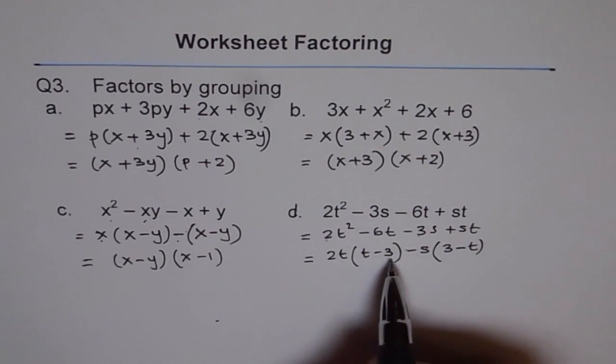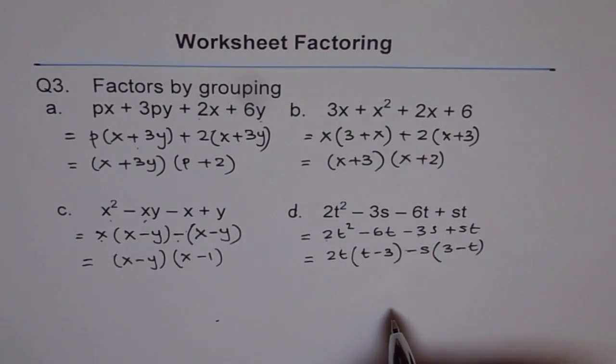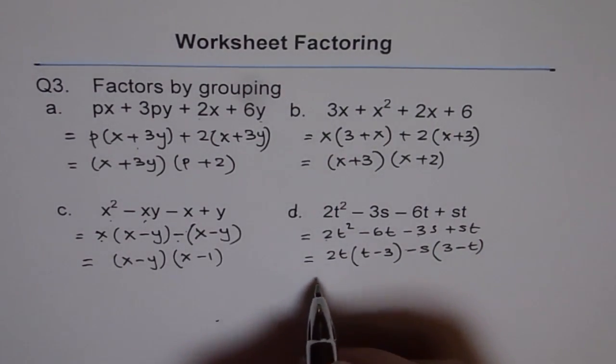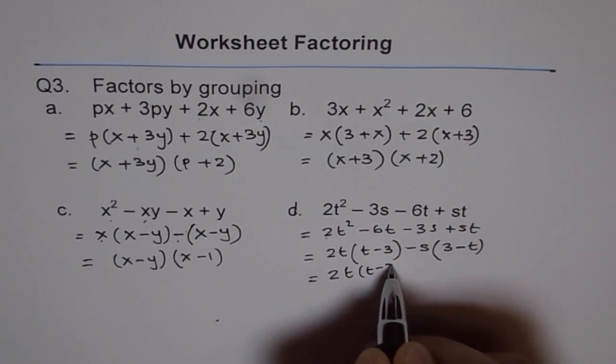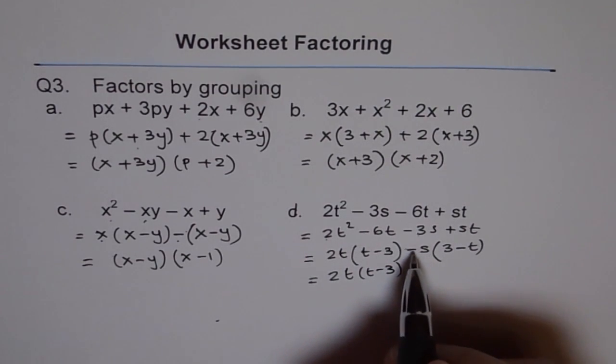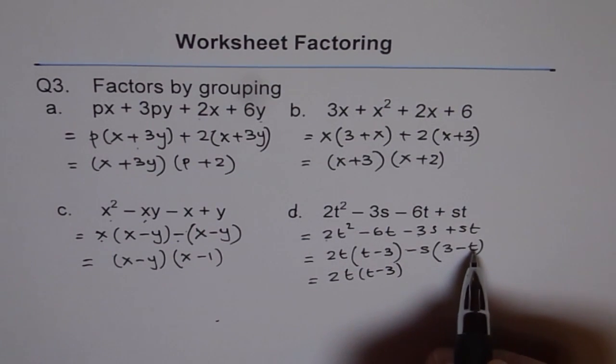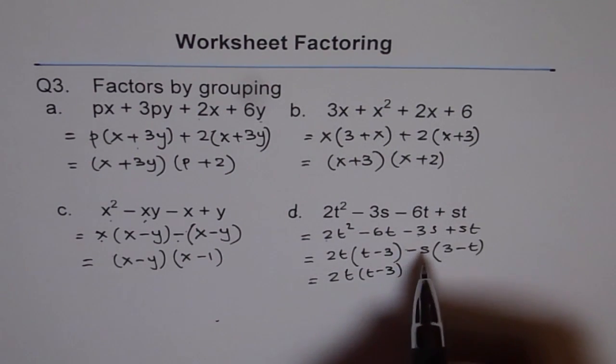Note, t minus 3 and 3 minus t are actually different, but you can do something about it. See how. If I change the sign, if I make it plus, then I could write this as t minus 3. Think about it like this.